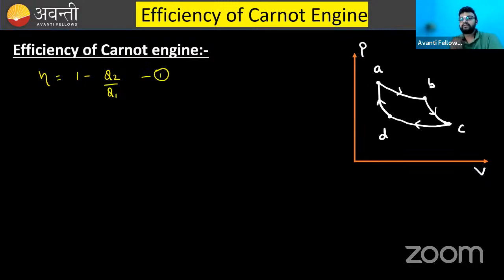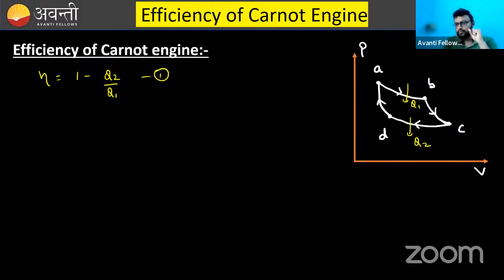This has already been discussed in the efficiency of heat engine: whenever there is a cyclic process, the efficiency will be 1 minus Q2 by Q1. Here this is Q1 and this is Q2. I think you know these things.